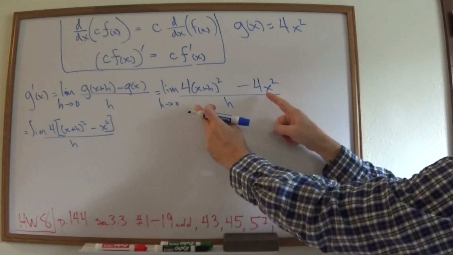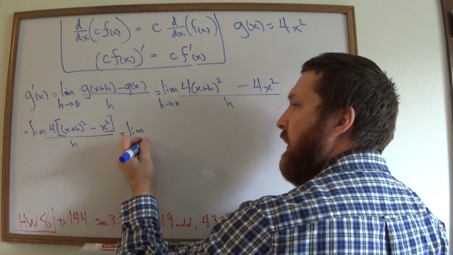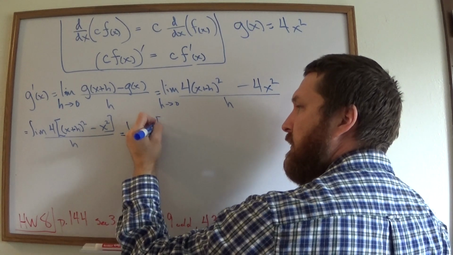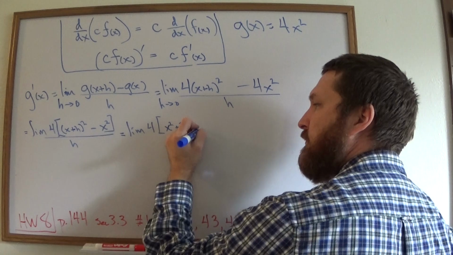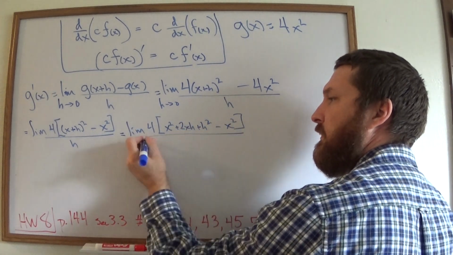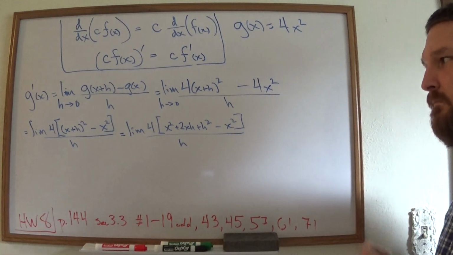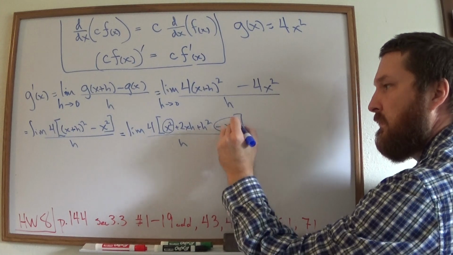And so then you go, okay, well, that's the same thing as the limit. And then you do this 4 times, I guess that's x squared plus 2xh plus h squared minus x squared in there. Right? And then you go, ooh, cancels. Nice.